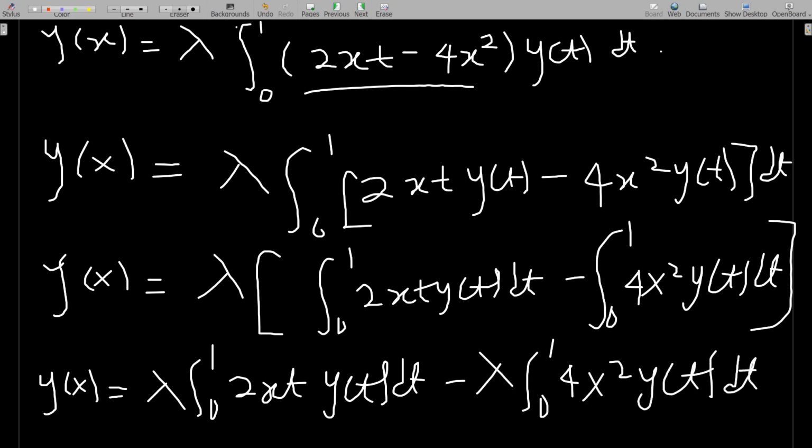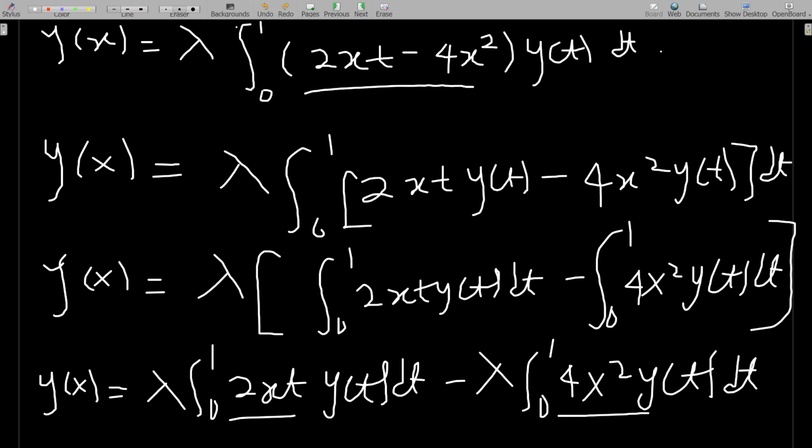So I have these. Now with this, how are you going to continue? You just realize that we've gotten separable kernels in each of the integrals. So we have 2x here, I can separate it from t, and 4x squared, I can separate it from y of t. So we just simply go through the other method again.